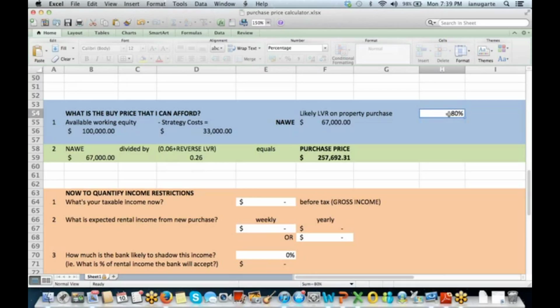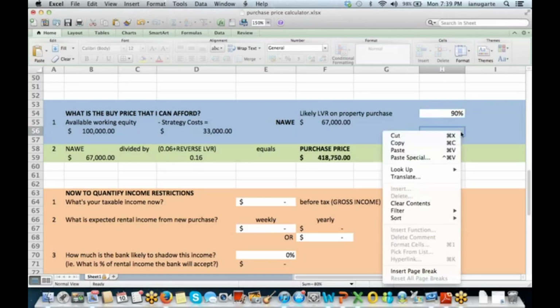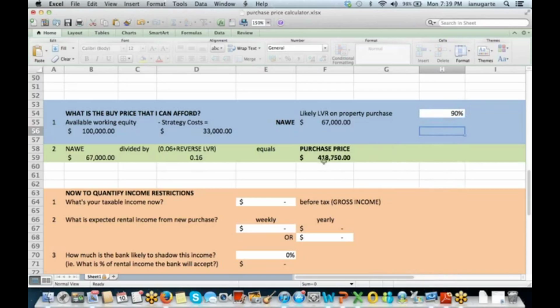But just to give you the power of serviceability, if I went into this property with my $67,000 and I could take my loan to 90%, my value of the property that I could buy jumps up to nearly $420,000. So I'll do that again. If I went at 80%, I could buy a property at 260, and if I went at 90%, I can buy a property at 418.